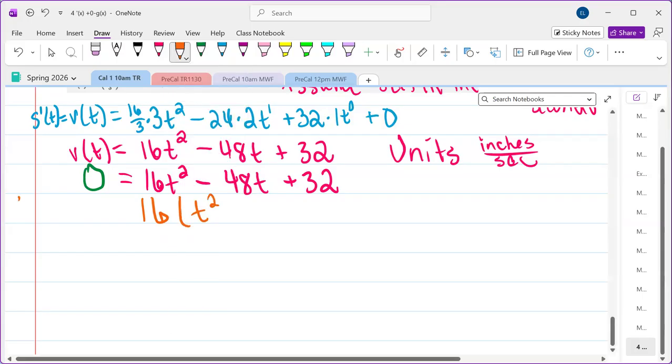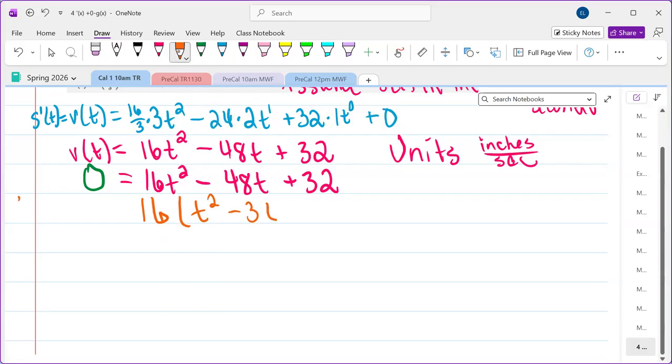So 48 divided by 16 is 3. 32 divided by 16 is 2. So we actually have 16 times t squared minus 3t plus 2. And then when we have just a t squared, that has to factor into t and t.